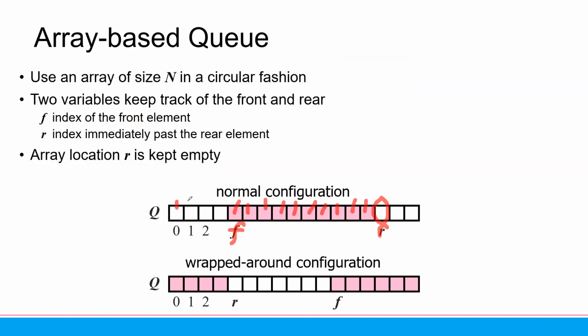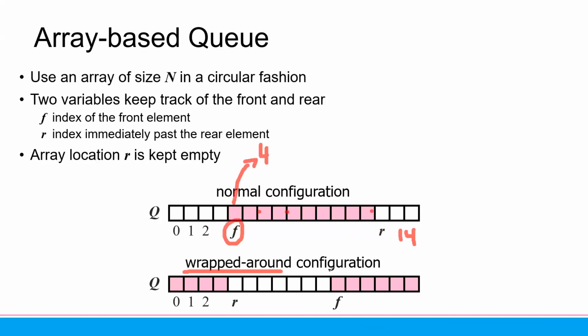The white color means the array has no elements. With this, we can see that the front element is in index 4. And what is the rear element? We count 5, 6, 7, 8, 9, 10, 11, 12, 13, and R is in index 14.